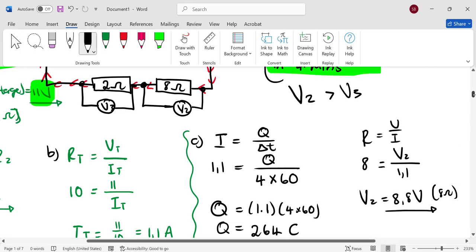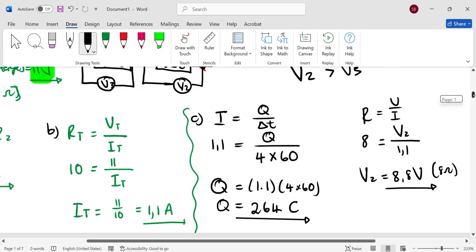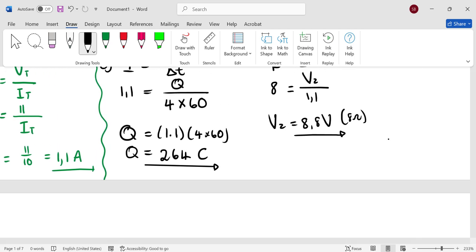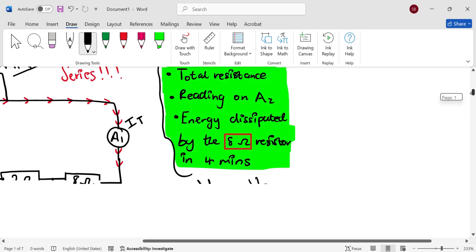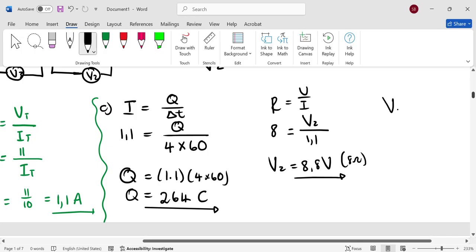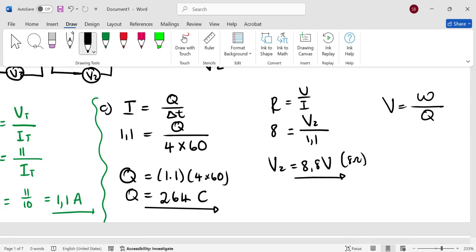Now I can get my W, because now I have V and Q. I know that V equals W over Q, but not just any V, it should be V2. So that's 8.8 times 264.